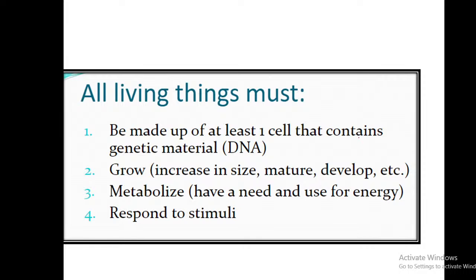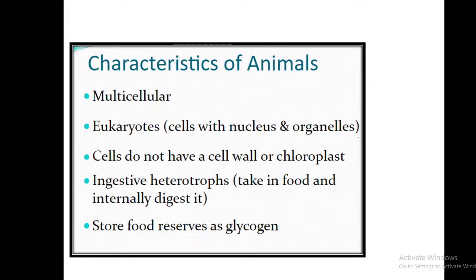It should be able to metabolize. Then fourth, it should be able to respond to stimuli. ഞാൻ പറഞ്ഞു ചൂട്. Stimuli means, ഇപ്പോൾ ചെടിയാണെങ്കിൽ സൂര്യപ്രകാശം കിട്ടുന്ന സൈഡിലോട്ട് വളരുന്നു, അതിന് ഒരു റെസ്പോൺസ് തന്നെയാണ്. Then these four are the basic characters of a living organism or a living thing.